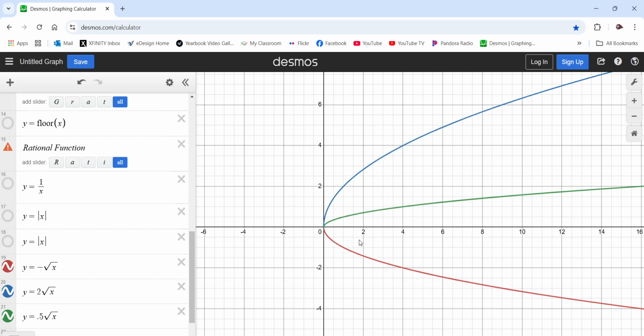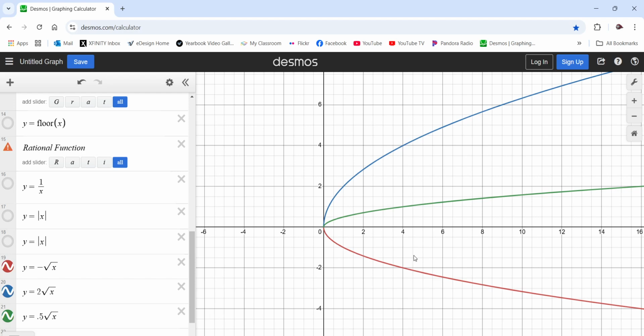You need to be able to do it by hand, all right? You need to know what these functions look like, what their parent functions look like, what subtracting something inside the function does to it, what subtracting something outside the function does to it. All right, you've got to know what all that stuff does, and then you should be able to graph them.